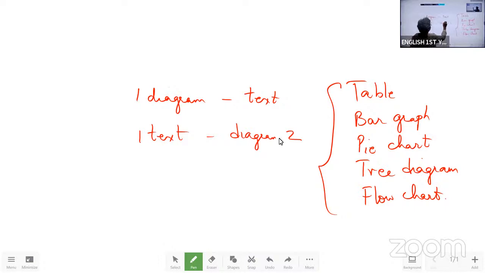Always remember, children, go in for a diagram, because diagram fetches you full marks. Text, however well you write, it is not feasible to give you full marks. Not that I'm saying you won't get, but preferably diagram fetches you full marks. So go in for a diagram, draw it neatly, color it, and prepare a key for the bar graph and the pie chart.